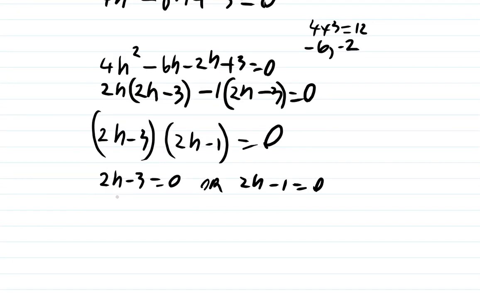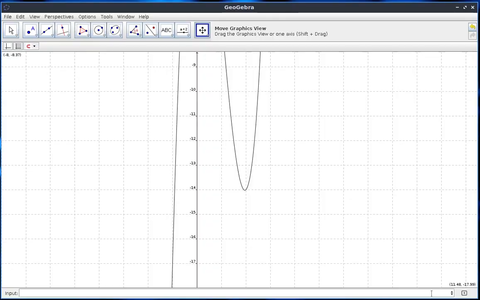So 2h minus 3 equals 0, h would be 3 over 2. And if 2h minus 1 equals 0, then h would be a half. So you have two turning points, or critical points, stationary points. One is at h is 1.5, the other one is at h is half.